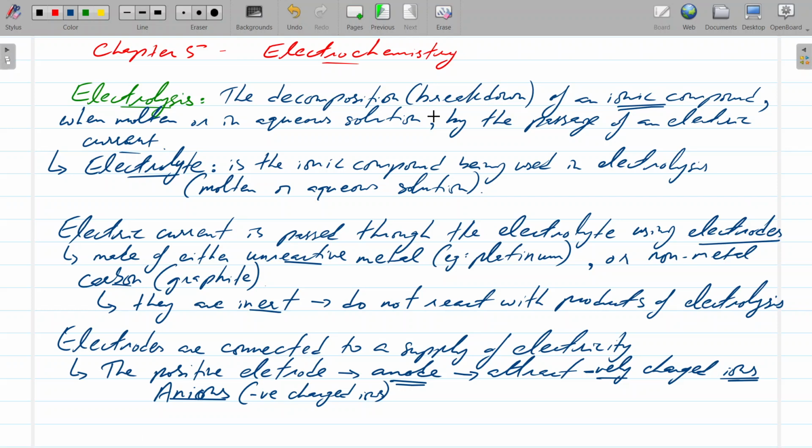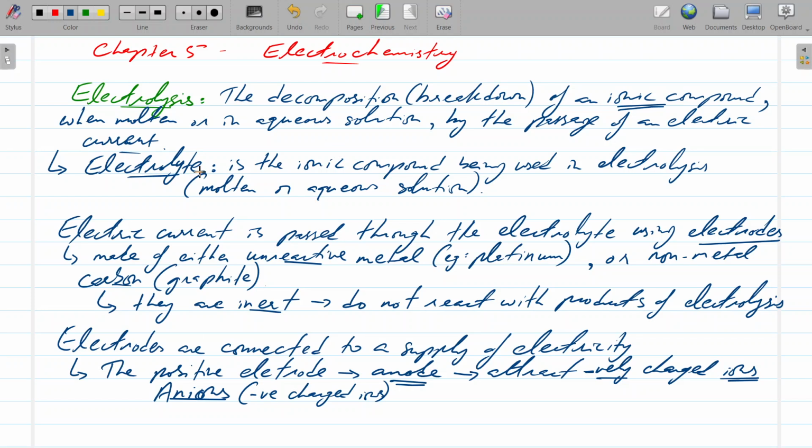You're able to separate the metal and the non-metal, because we know from chapter 3, which is bonding and structure, that ionic compounds are formed by a reaction between metals and non-metals. So you're able to break that down and separate the metallic ions and the non-metallic ions, and then you're able to separate the element itself.